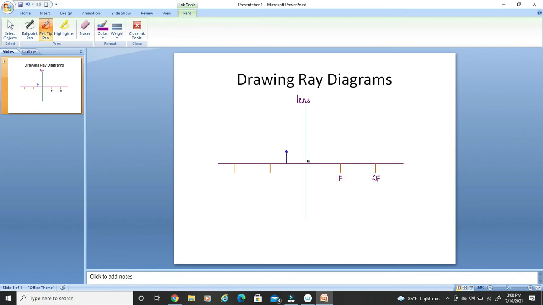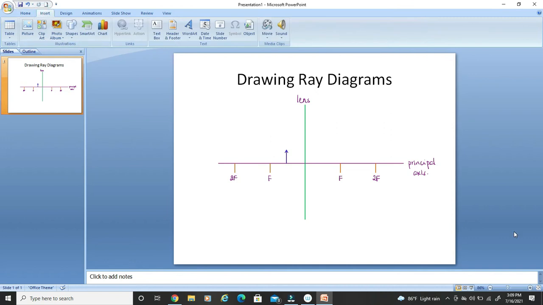So I'm labeling it. We have the lens, and the focal point being labeled F, and twice the focal point, or twice the focal length, being labeled 2F. And that's the optical center, which we'll get rid of because we need space.